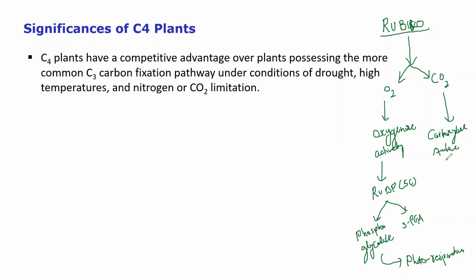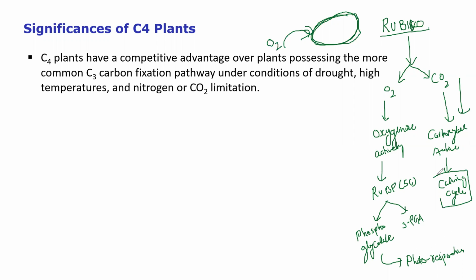But once the carboxylase activity is there, then it will go only for the pure Calvin cycle. Okay. So in case of C4 plants, there is a bundle sheath. Because we know very well that Rubisco is in the bundle sheath, oxygen cannot enter over there. Since oxygen cannot enter, it goes only for the carboxylase activity. That means there is no loss of CO2 due to photorespiration. All the CO2 is utilized for the Calvin cycle, and more CO2 is actually being fixed.